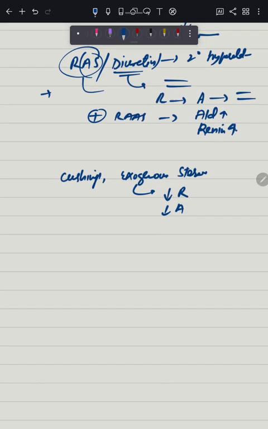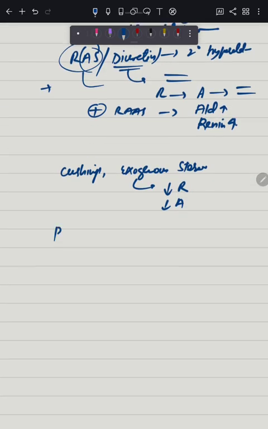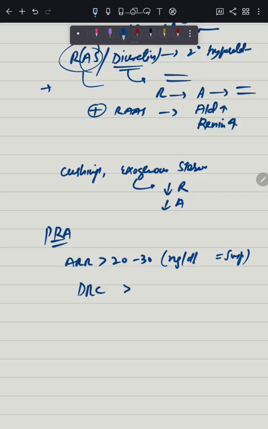So we have to define cutoffs. Using plasma renin activity, an ARR of more than 20 to 30, with aldosterone in nanograms per deciliter, is suspicious. And using DRC, an ARR of more than 30 to 40, depending upon the units that the lab has.